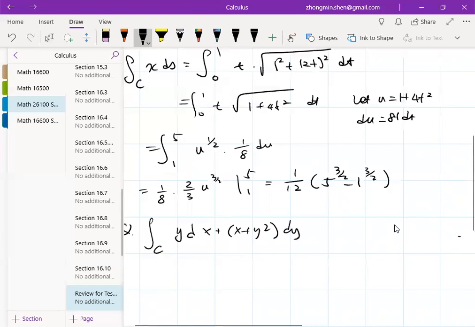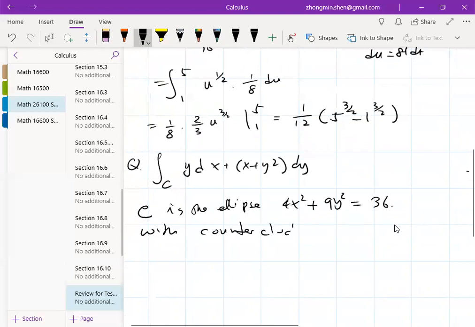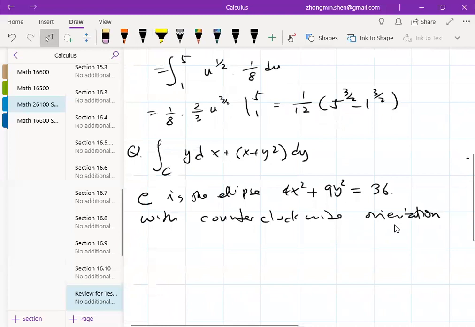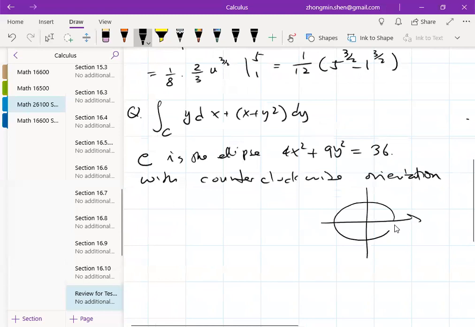And this time C is the closed ellipse 4x squared plus 9y squared equals 36 with counterclockwise orientation. All right, so this is a closed curve, and it includes a domain D.